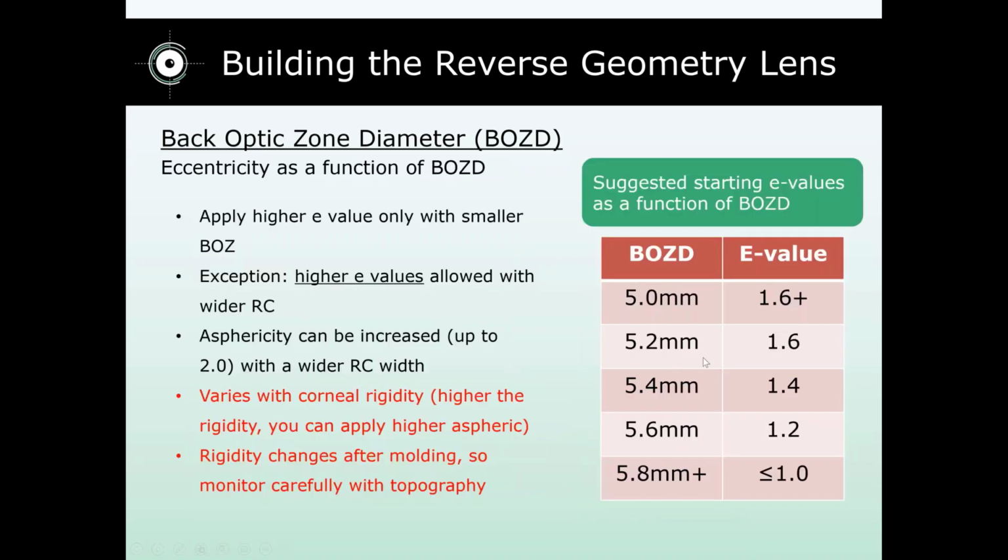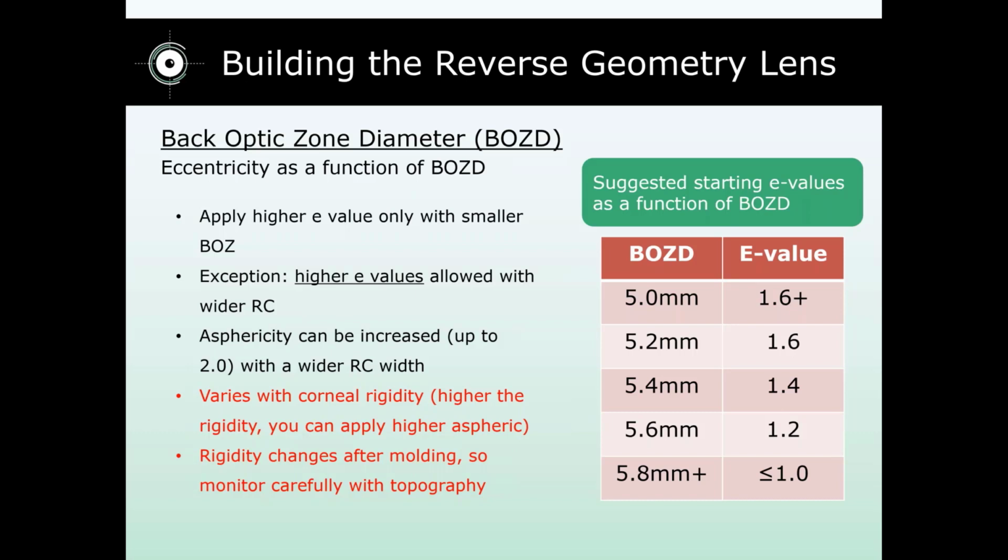Dr. Chow likes to have this standard. This is his rule where, depending on the optic zone diameter, he changes the starting default E value. With a small base optical zone diameter, 5 millimeter, you can go 1.6 and above, and up to 2.